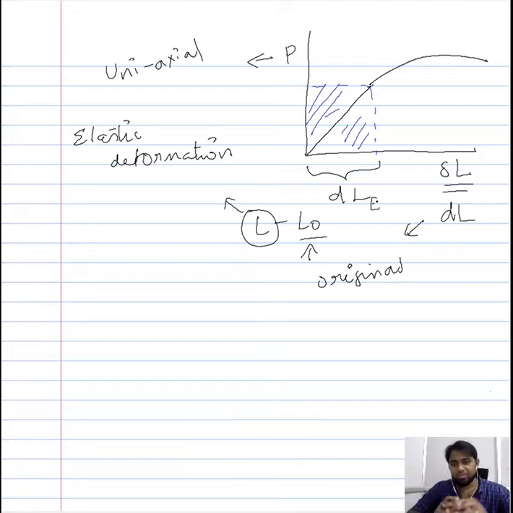In this lecture and moving forward, what we will be looking at is the other part of this curve, this region here. So our focus will be on this region henceforth.